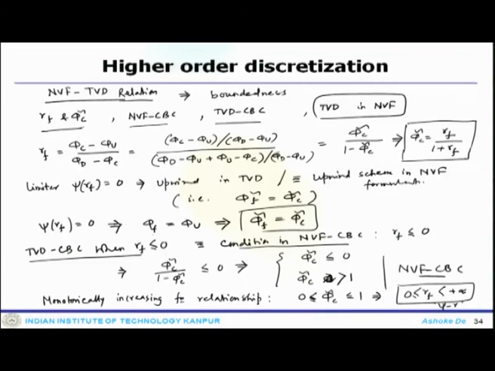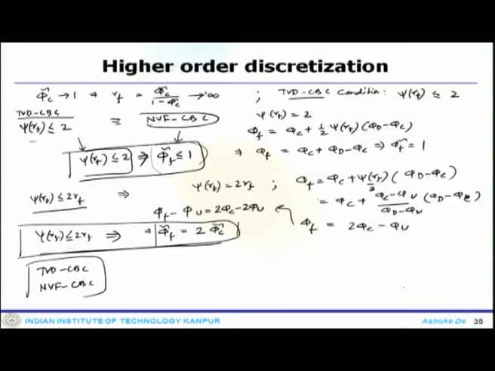One is this condition, then you get the information of this, and then you impose this TVD CBC condition and the equivalent condition in NVF CBC, then we have imposed the other TVD CBC condition and equivalent conditions in the NVF CBC.